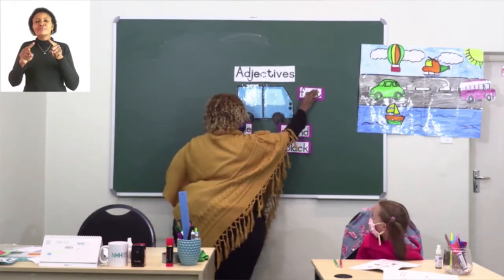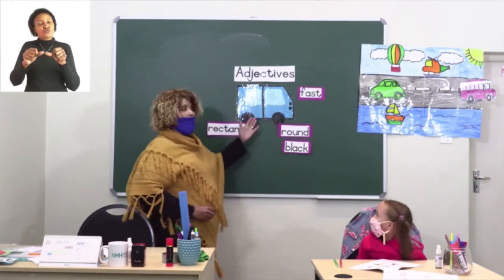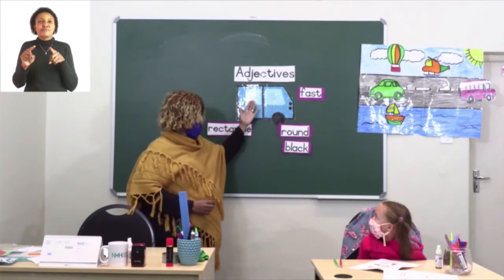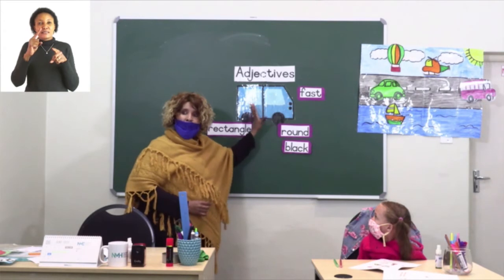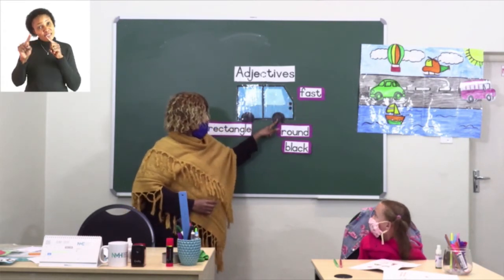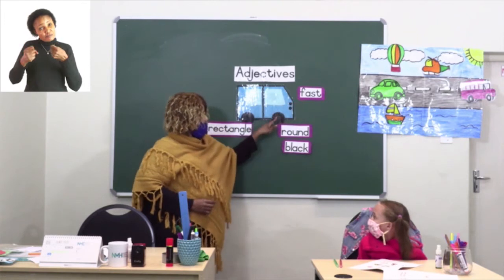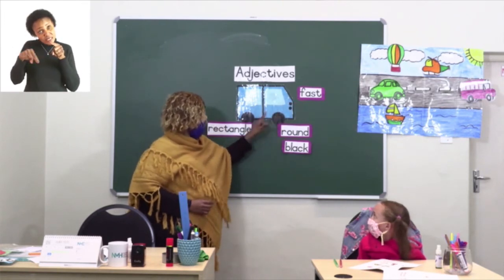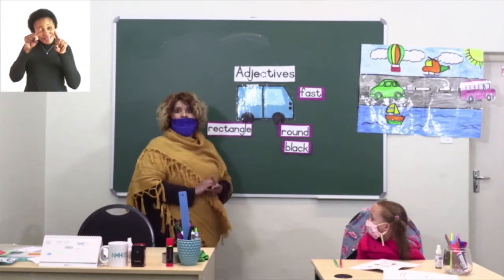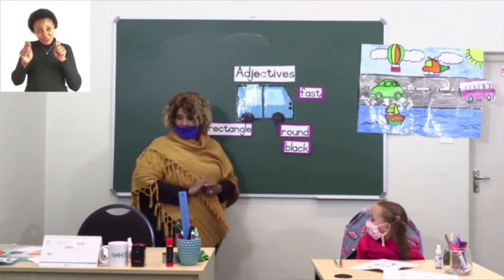It's describing what this van is doing. That's adjectives. Adjectives tell us and describe the noun: drives fast, round black wheels, and the shape is a rectangle shape. That is adjectives.